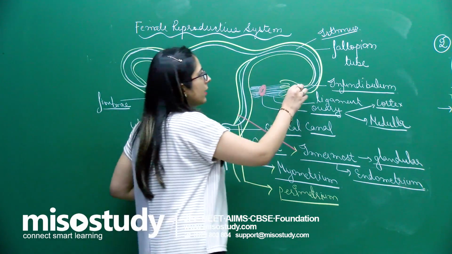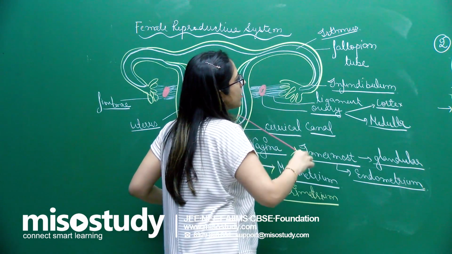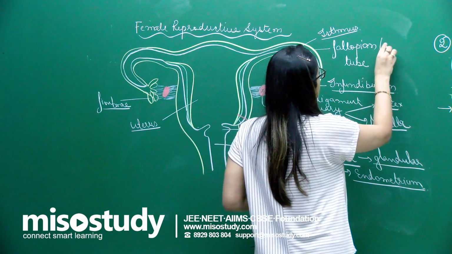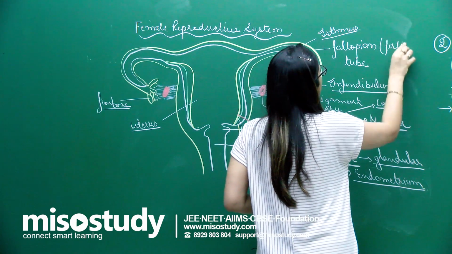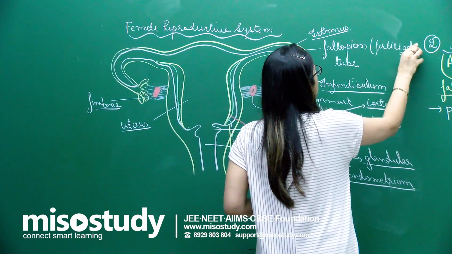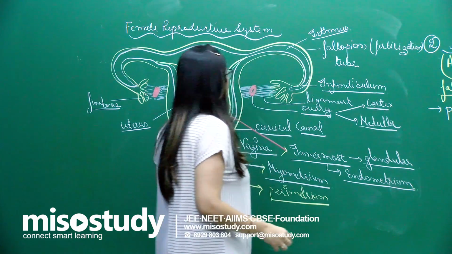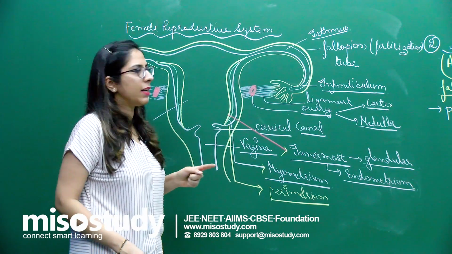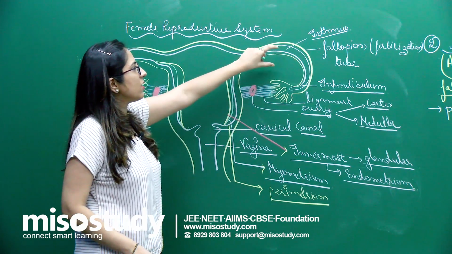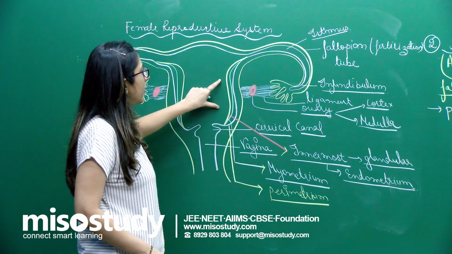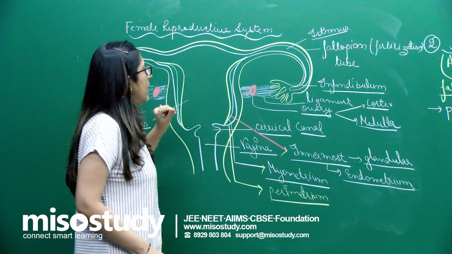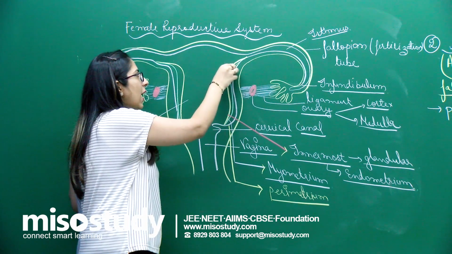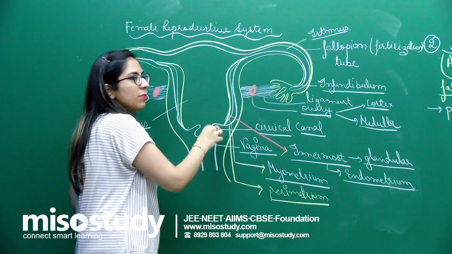After this we have another tubal region, the fallopian tube, which is the region of fertilization. Very important question. The sperm travels from the vagina, comes over here, and this is the region where fertilization happens. Once fertilization happens, the zygote formed comes over here and implantation happens in the uterus. When implantation happens, the endometrium, which is a glandular structure, provides nourishment.